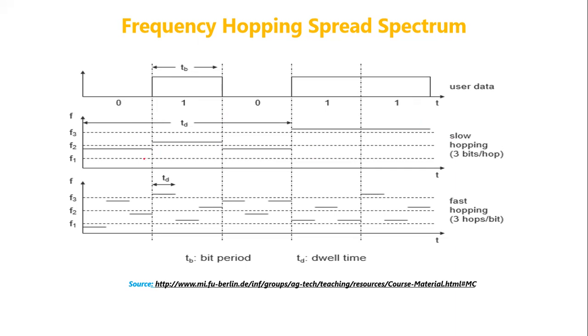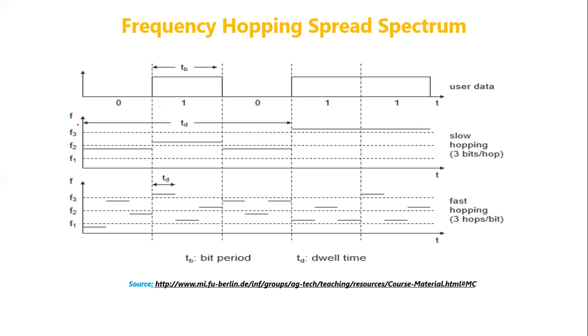The transmitter will stay in the same frequency until the user transmits three pulses of data. After that, it will switch to some other frequency. Okay. Here this is the bandwidth, and this bandwidth is divided into three frequencies: f1, f2, and f3.